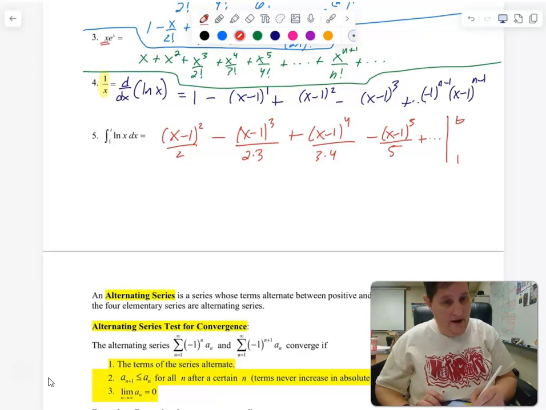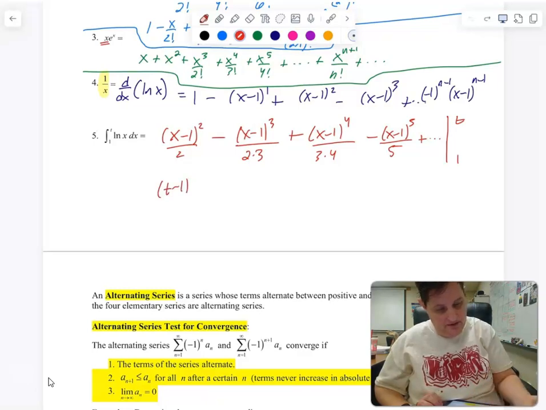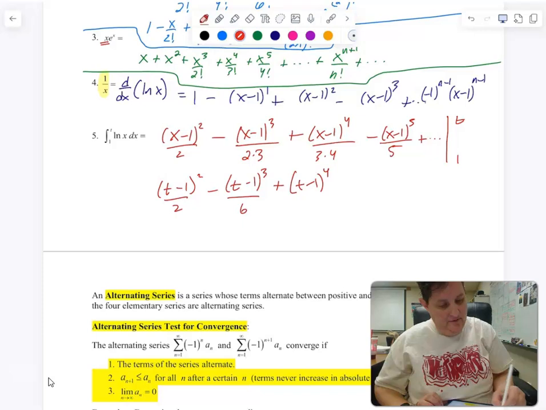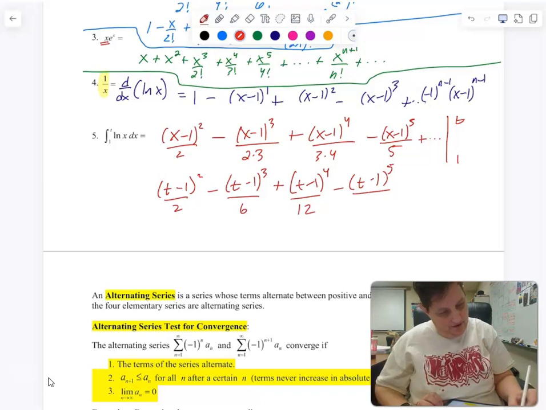Now, when I plug in t, it becomes (t minus 1) squared over 2, and then (t minus 1) to the third over 6, plus (t minus 1) to the fourth over 12, minus (t minus 1) to the fifth over, I missed my thing right there.